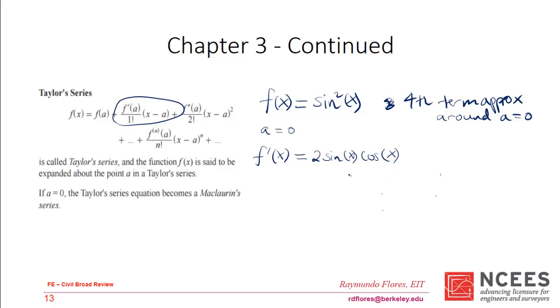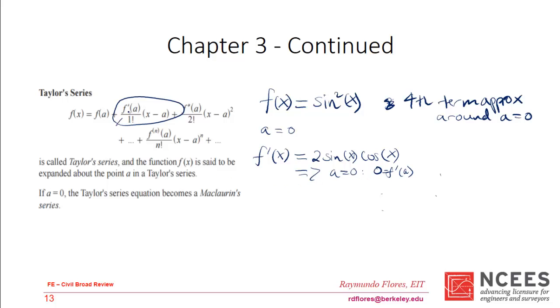And that has to do with the double angle formula identity. So at a equals 0, you get 0 for f prime of a.